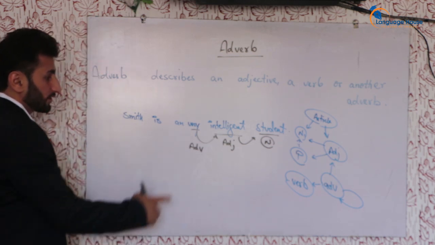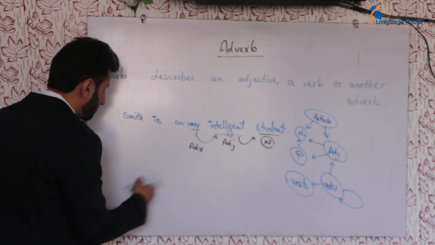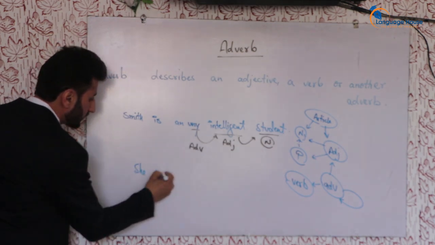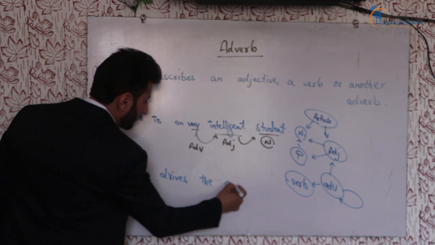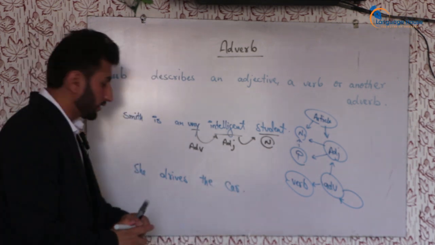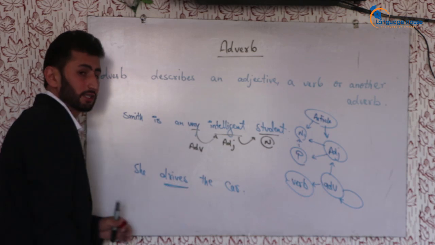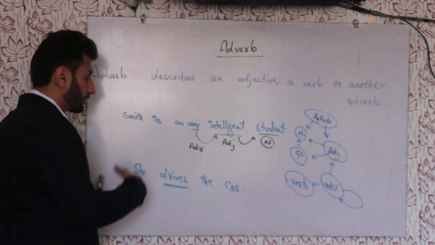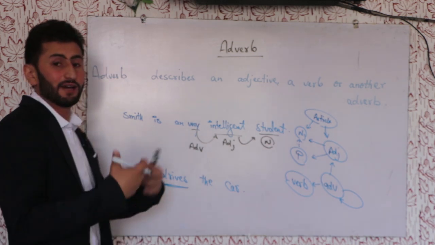So incredibly, very, or all of them, they're adverbs, right? Now, let's move on to the second one, which modifies a verb, right? We can say, she drives the car, right? Now, in she drives the car, we can see here, drive is a verb, right? Now we can use an adverb to describe the drive. How is she driving?